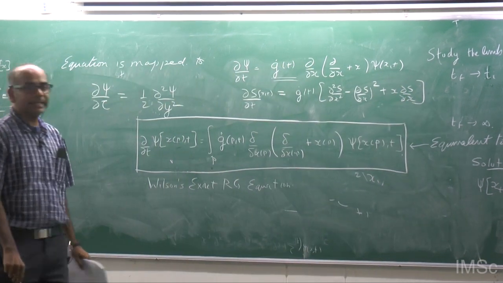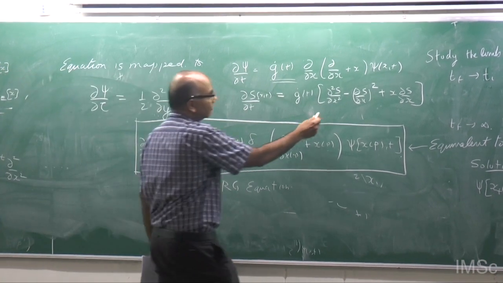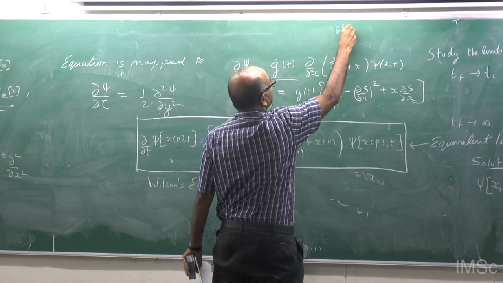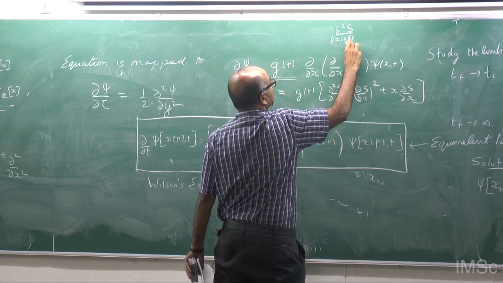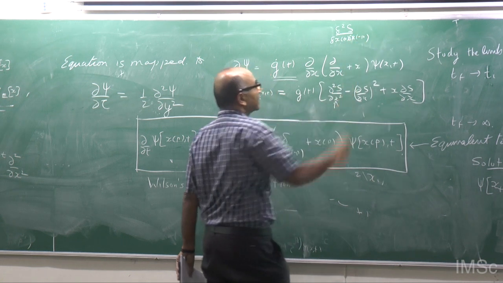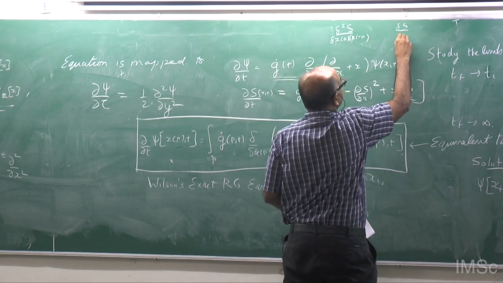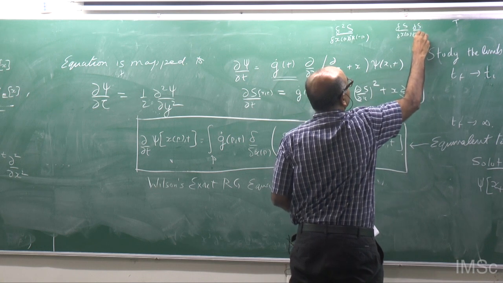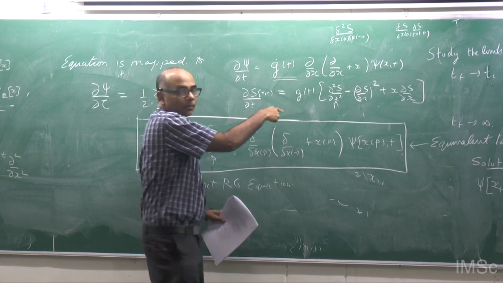Okay. So once again, I have simplified the notation. All these are actually functional. So for instance, this term in the field theory would be d squared s by dxp dx minus p, and this one would be ds by dxp ds by dx minus p, etc. And then you will have to put an integral over p.